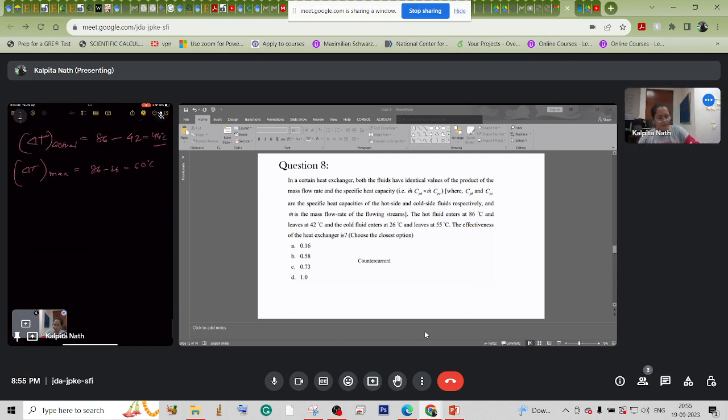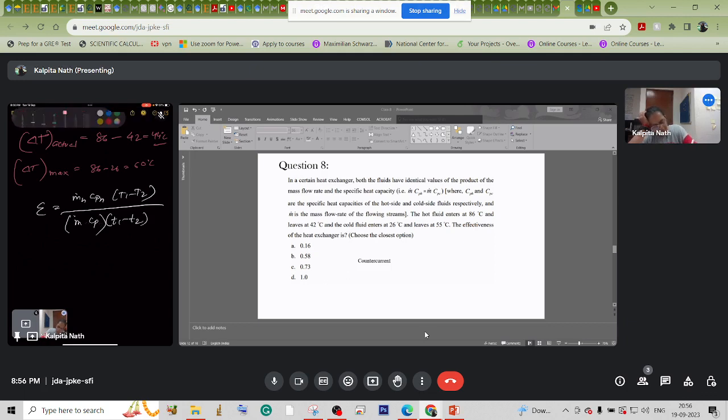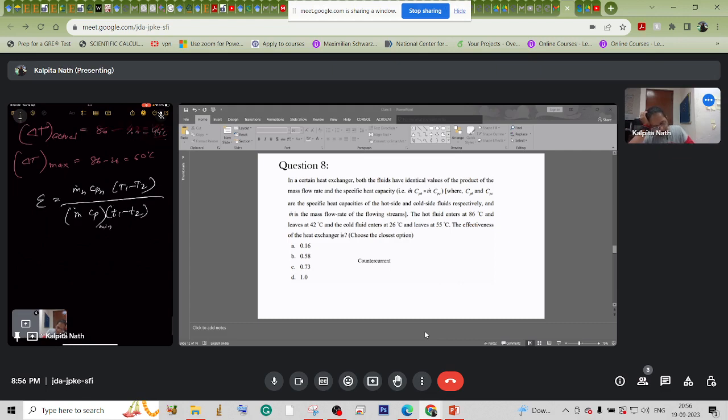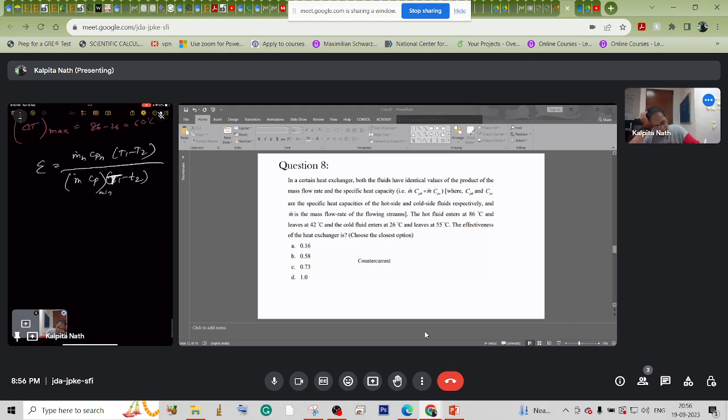Right, now effectiveness we have to find out. Effectiveness is equal to epsilon is equal to mh dot cph (T1 minus T2) over mc dot cpc (T1 minus T2)... this is, sorry, not this, it is mc dot cp of the lowest value, the minimum, times (T1 minus T2) over (T1 minus T1).